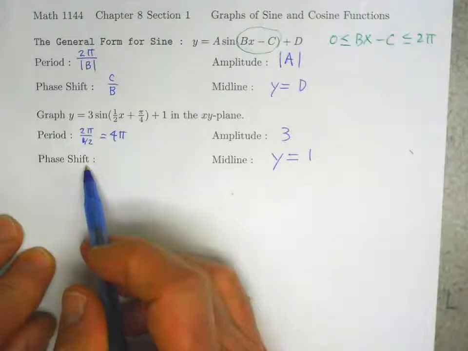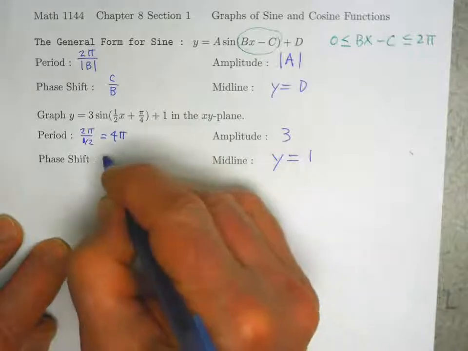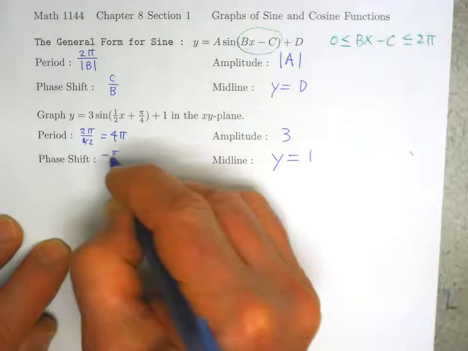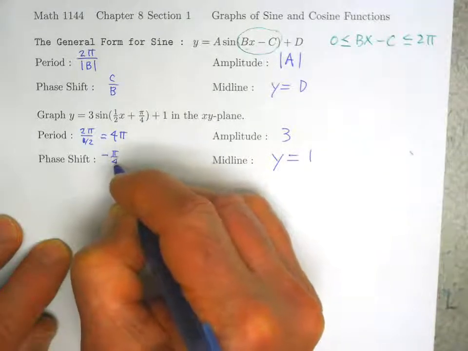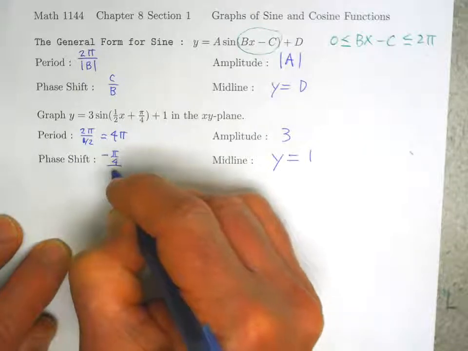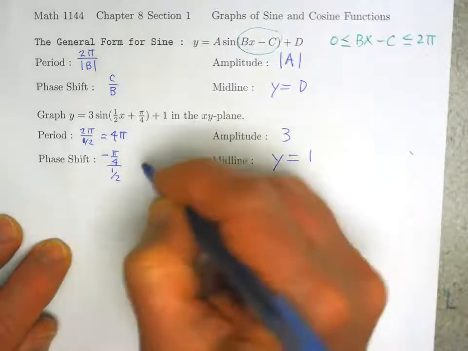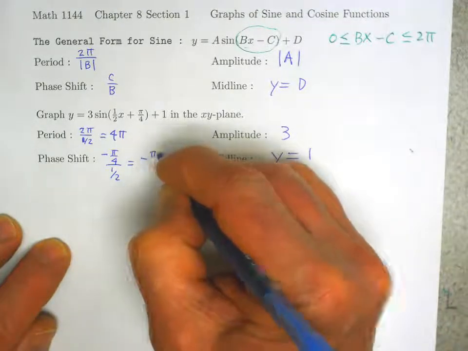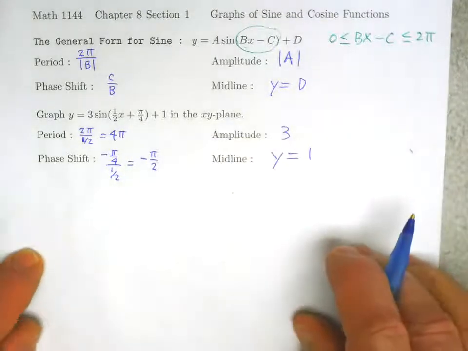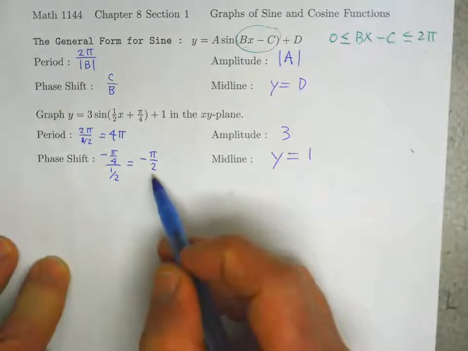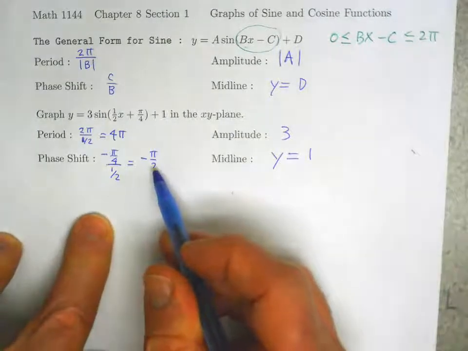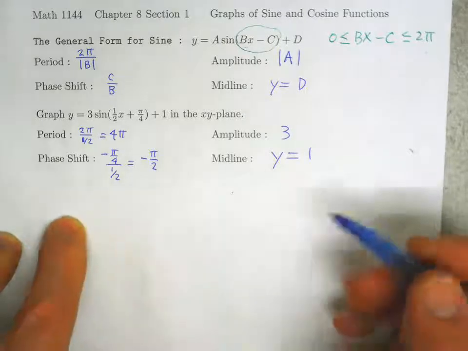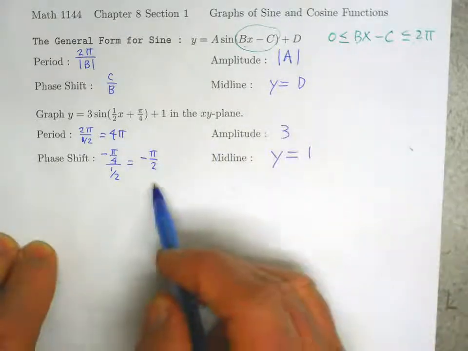And the phase shift is negative pi over 4 divided by 1/2, which is negative pi over 2. So this will be a leftward shift by pi over 2.